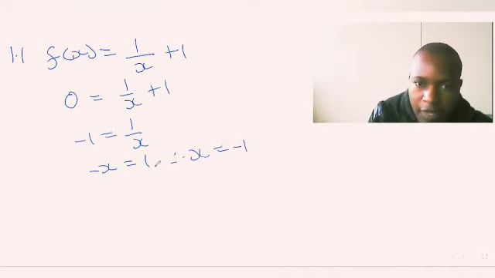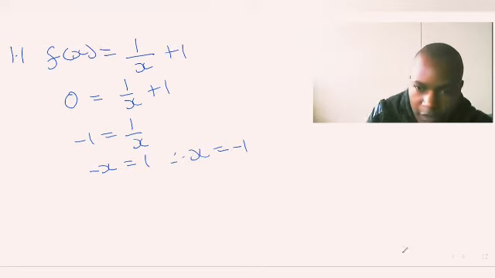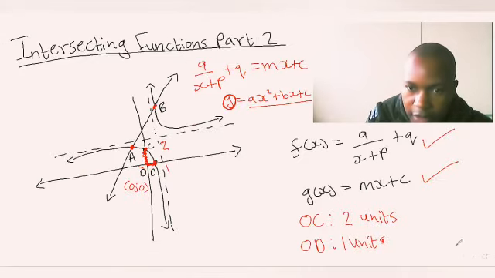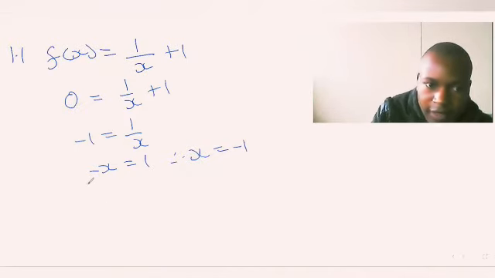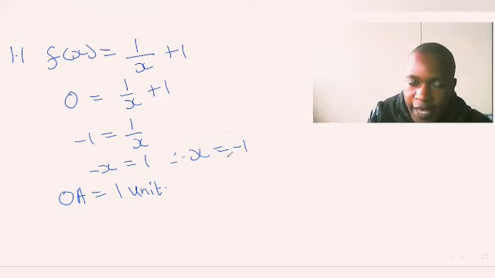That in itself would be the x value of point A. Now just going backwards, since the origin only has 0:0 as the coordinate, you can essentially say that the length of OA would just be 1 unit, which is just the positive version of the x coordinate. So that in itself would just be 1 unit.